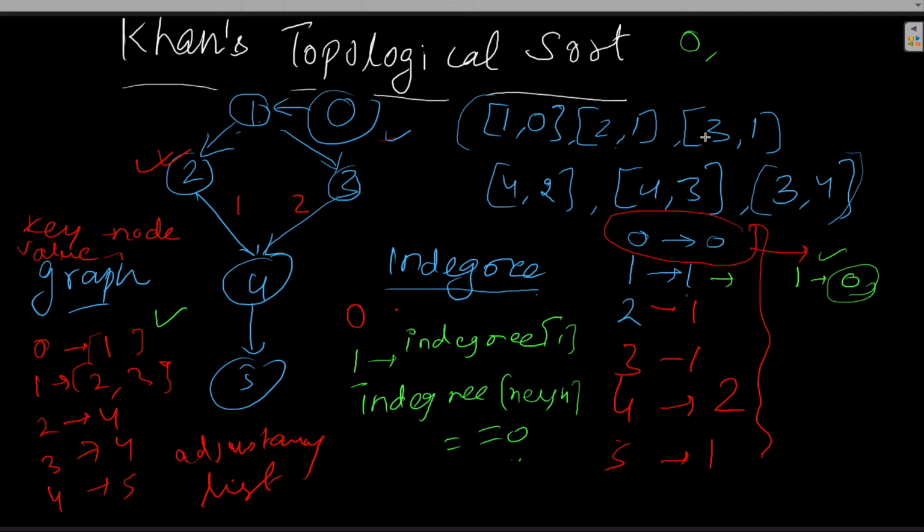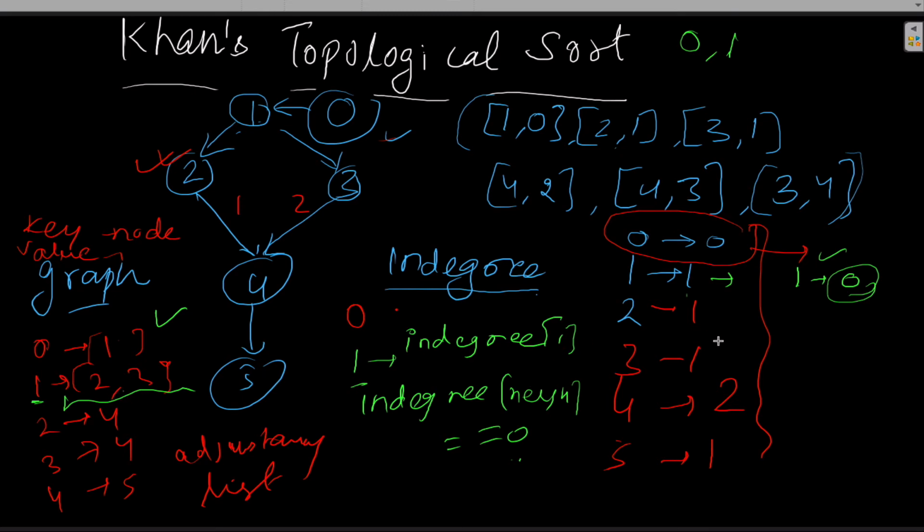In this case, the in-degree of 1 will become 0, so 1 will come in the output. Then we check what the neighbors of 1 are. The neighbors of 1 are 2 and 3. Now we decrement the in-degree count of 2 and 3.